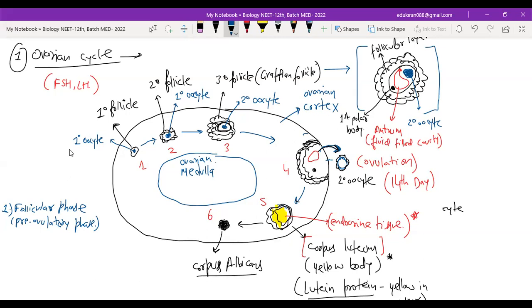Okay. Last point about this phase: as the follicles develop into the Graafian follicle, the primary oocyte present inside divides to form secondary oocyte.